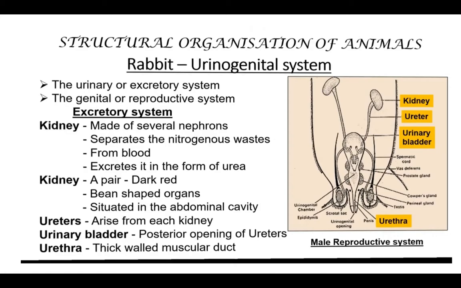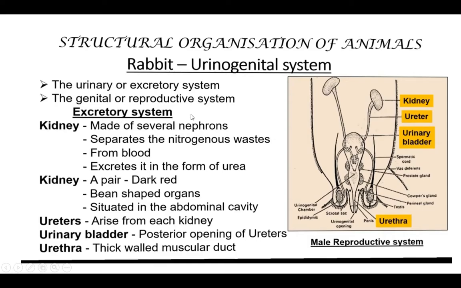And next, let's see about the urinogenital system. So urinogenital system means urinary or excretory system, that is urino, then genital means reproductive system. So urino means excretory system, genital means reproductive system. About both of these we are going to see, so it is named as urinogenital system.